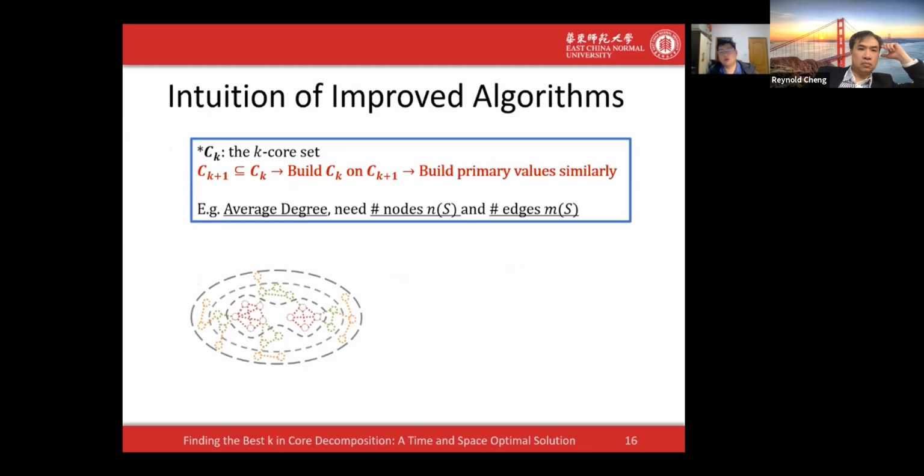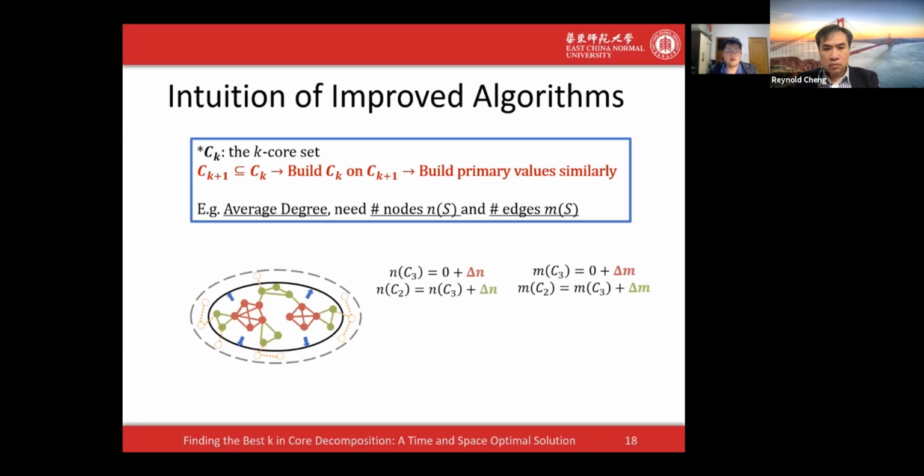Suppose we want to compute average degree, and we need the number of nodes and edges. We first add the contribution of those red nodes and get the red delta. Then we can get the primary value of the 3-core set.